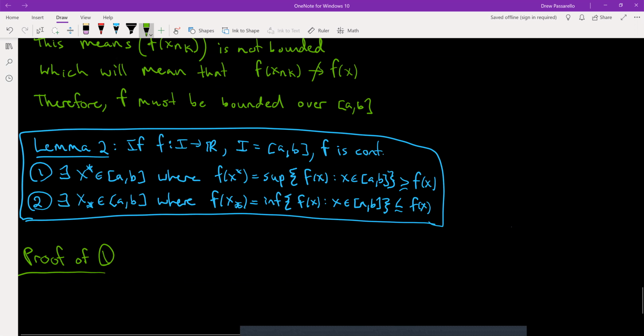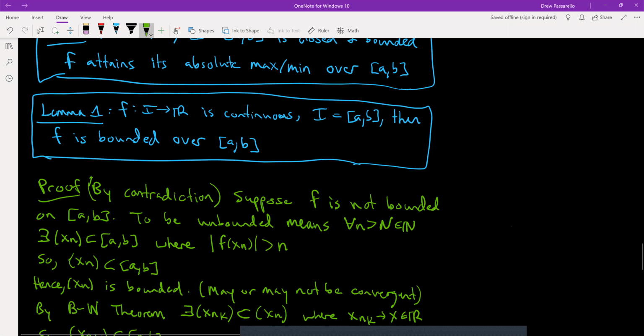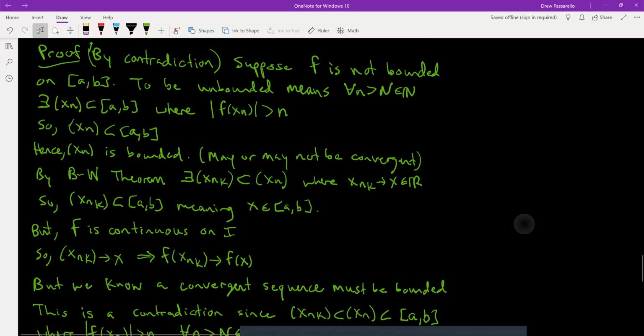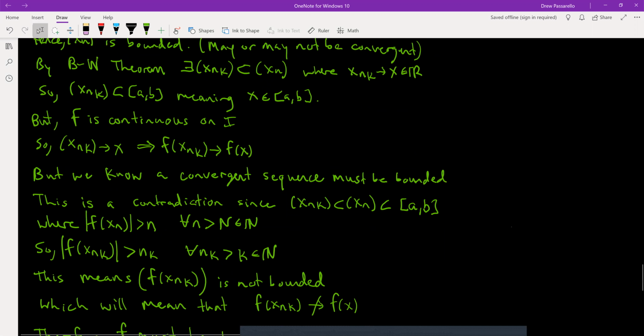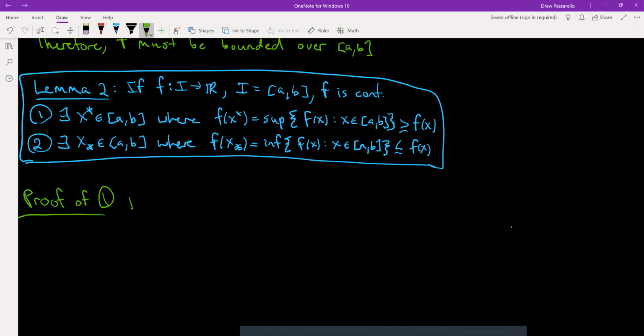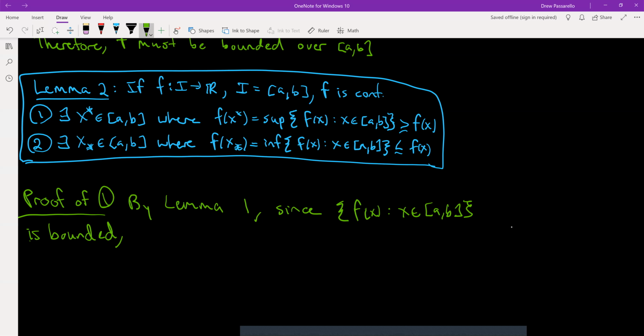Well, we know by lemma 1 that we just proved, f is going to be bounded over [a, b], because f is continuous. So by lemma 1, the set of f(x) values, where x is an element of [a, b], is bounded.